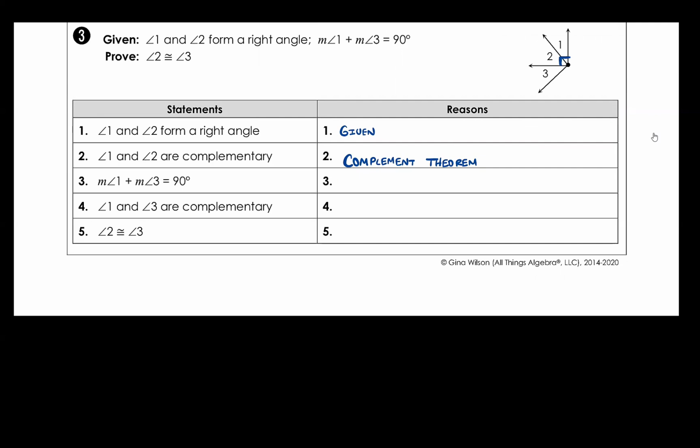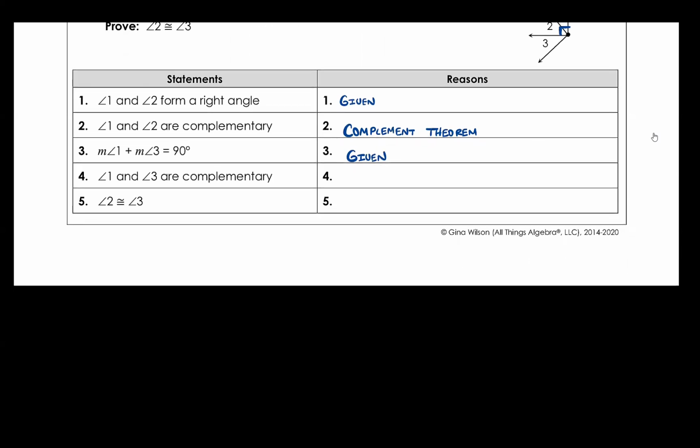How do we know 1 plus 3 equals 90? They gave it to me. So how do we know 1 and 3 are complementary? Yeah, complementary angles. Definition of complementary angles.